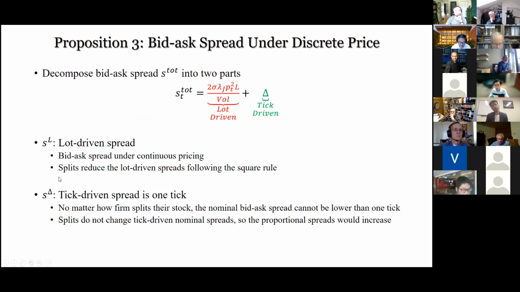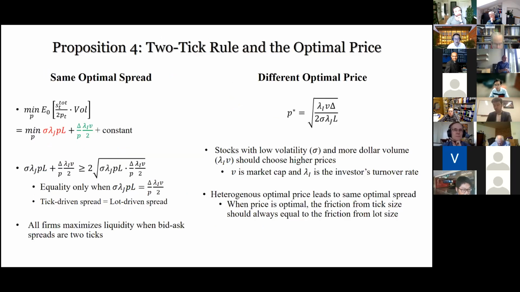Splitting reduces the law-driven spread, as I just showed you in the previous section, following the square rule. But the tick-driven spread cannot be reduced. And because the tick-driven spread in nominal sense is always 1 tick, if you split, that's bad news because the proportional spread would increase. And now this is a key proposition of the paper, which is proposition 4.